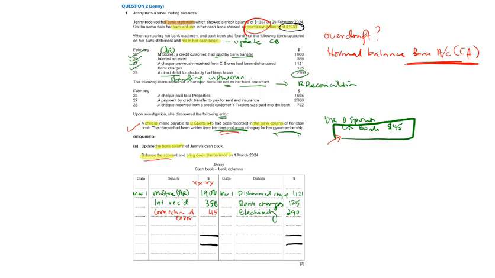Yes, because it's a facility given by the bank, but they have to pay interest. And this is considered a current liability for the business because they need to pay as soon as possible plus interest. So because of that, we put it on the credit side. Balance brought down 1933.